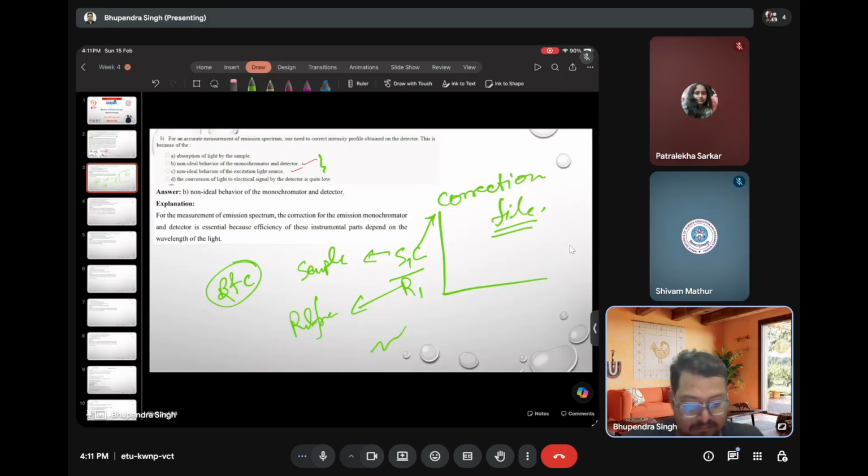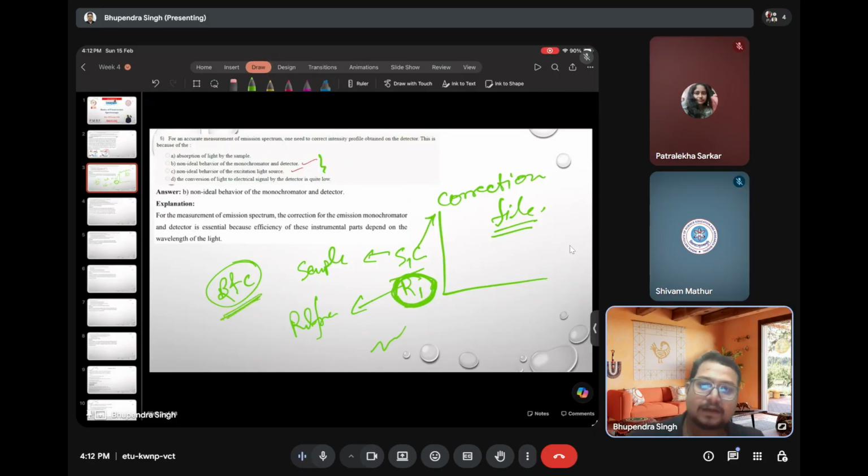Reference means we have to normalize the observed signal because of the fluctuation in the light intensity of the excitation source. So the obtained signal should be normalized. That is why I think B and C both should be the answer.